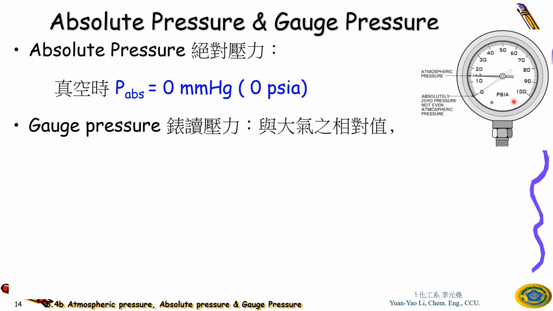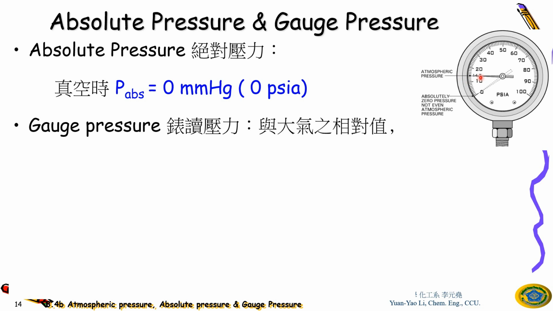A represents absolute. So if this pointer or indicator reaches 14.7, this is called absolute pressure, and the pressure is 14.7, which is atmospheric pressure.